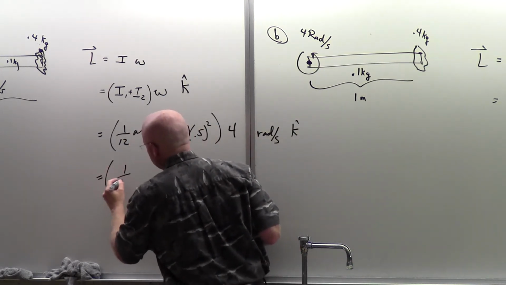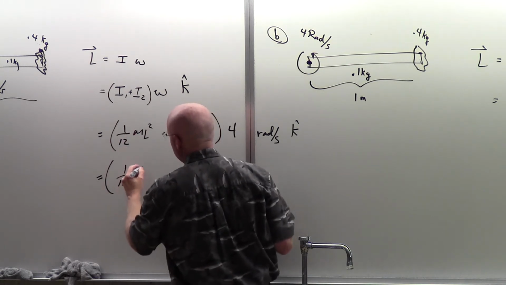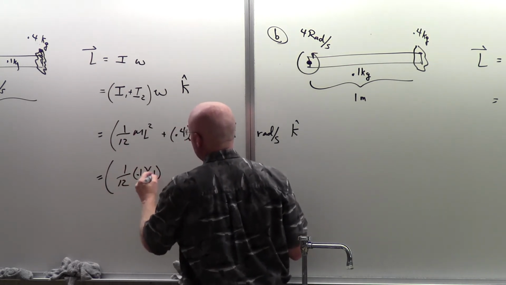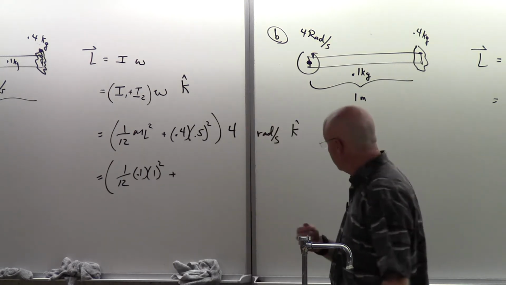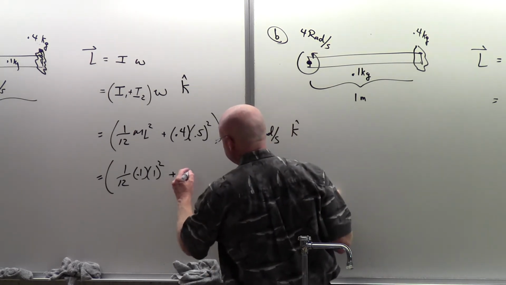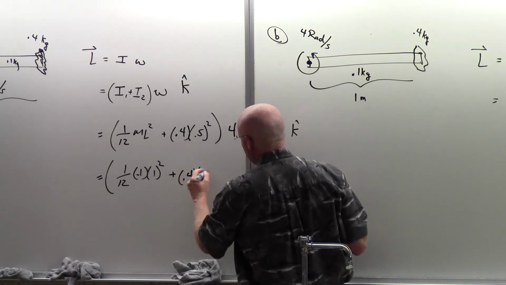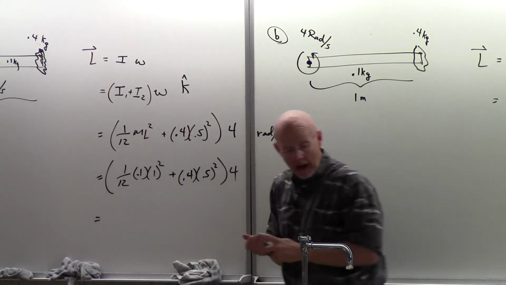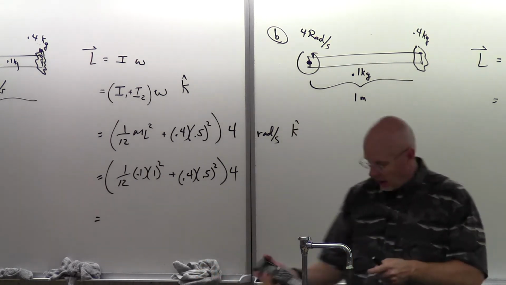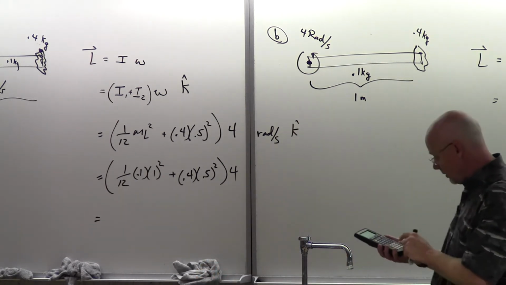Let me put in the rest of my numbers. The mass of the meter stick is 1/10, and the length of the meter stick is 1 meter. And then these numbers we already did. And so grabbing my calculator, I'll be able to answer what is the angular momentum.